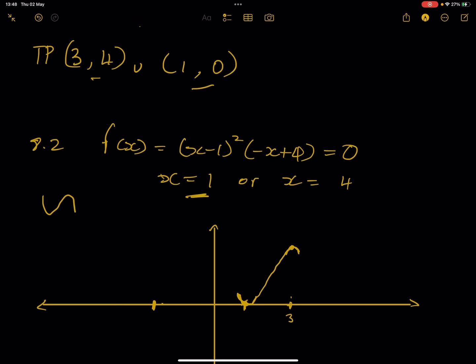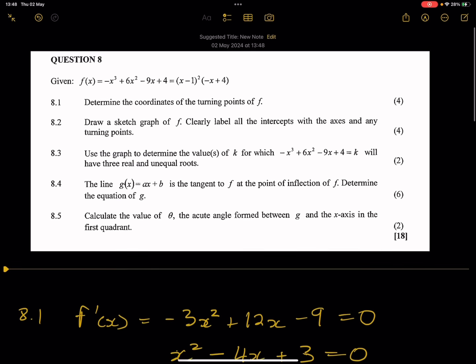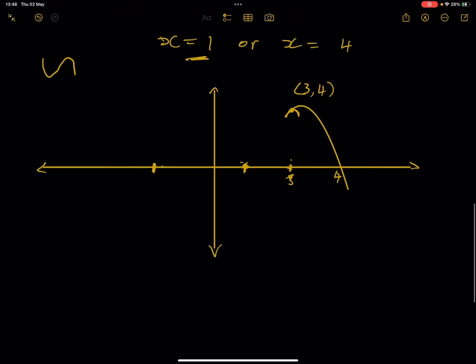That's why I was saying something was not making sense. So that's (3, 4), our turning point. This guy is 4 over here, and we've got our other turning point. And we said our y-intercept is at positive 4.